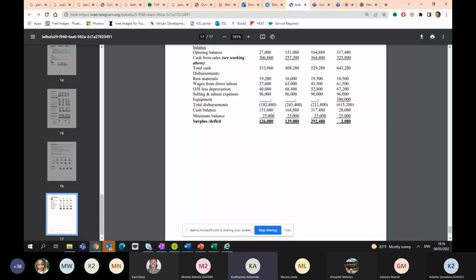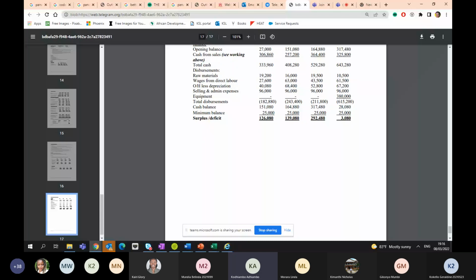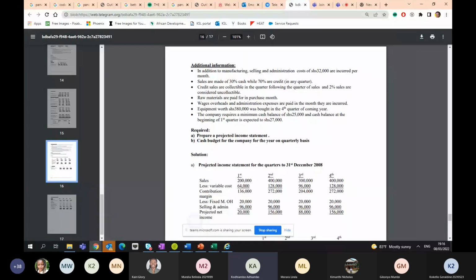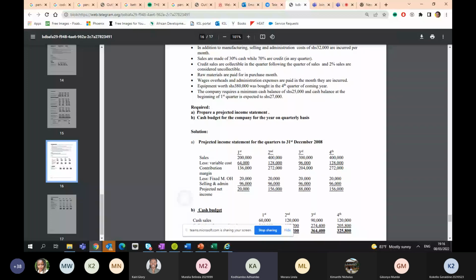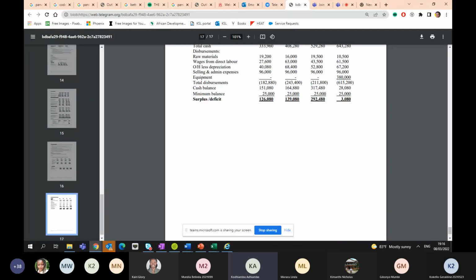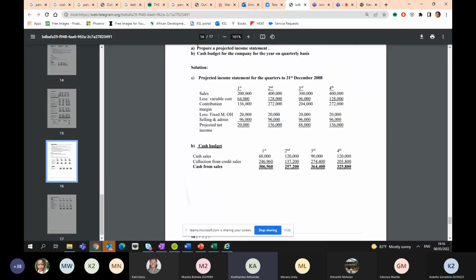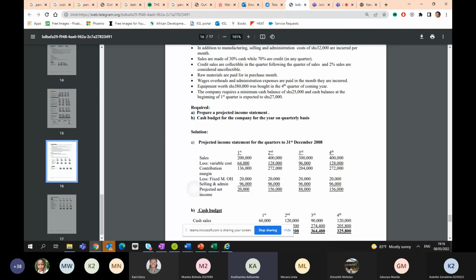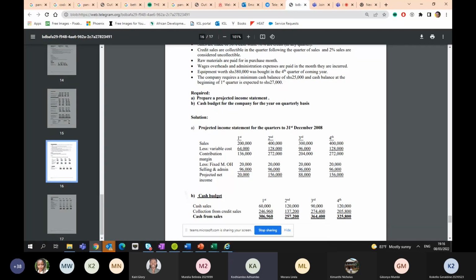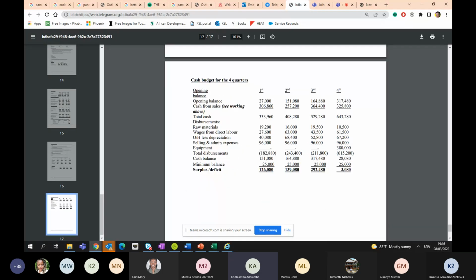Then now we have the sales, we have the total disbursement, we have the cash balance, and there's a last line here. The company requires a minimum cash balance of 25. Sorry, let me read that again. The cash balance at the beginning of quarter 1 is expected to be 27,000.